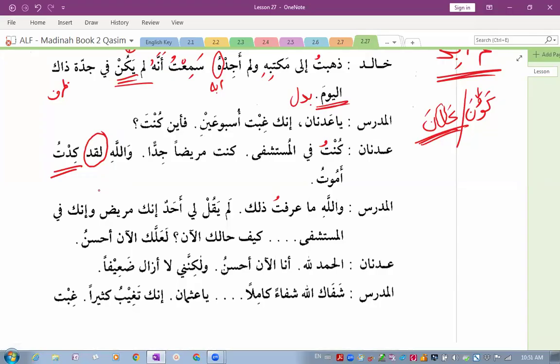Nobody said to me, innaka, indeed you are sick, wa innaka, and indeed you are in the mustashfa, in the hospital. Kaifa haluka alana, how are you now?